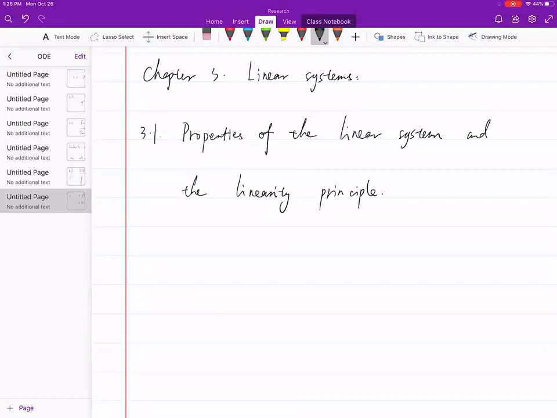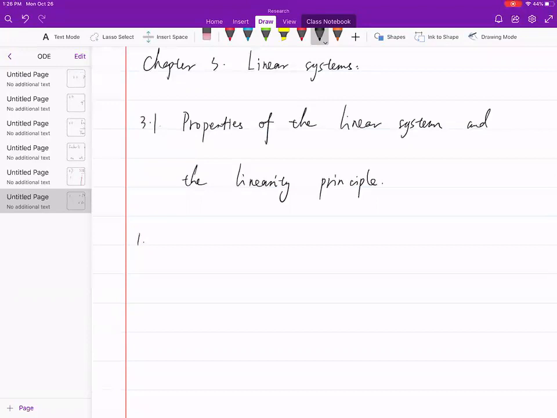Okay. The first thing we want to focus on is the easiest case, which actually has a lot of ideas inside. That is linear system with constant coefficient.